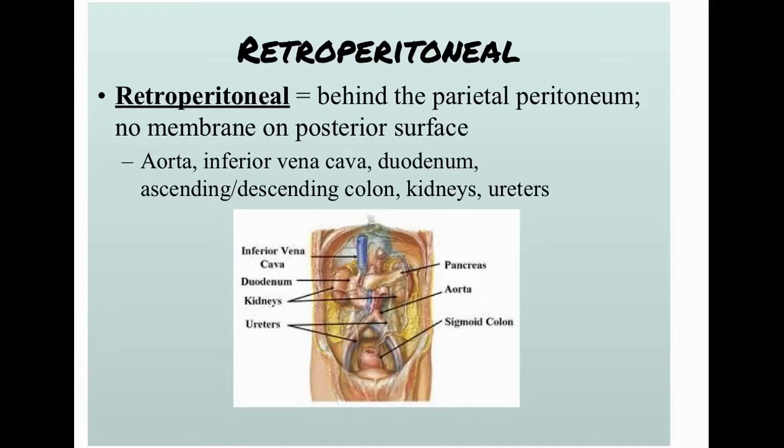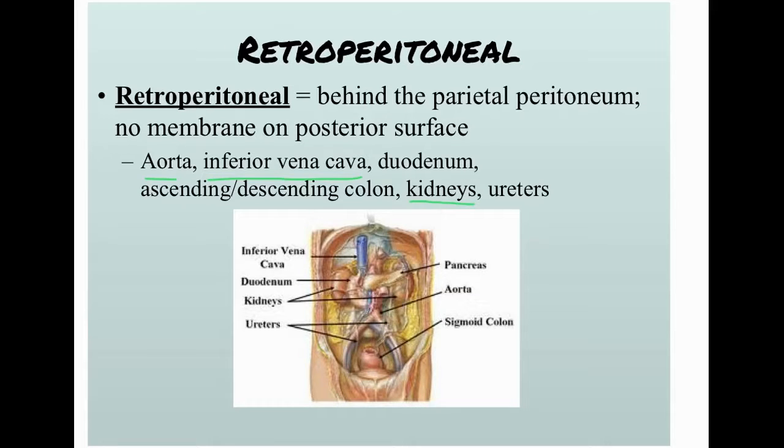Some important structures contained in that, the most important ones that you'll probably be tested on, would be the kidneys, maybe the aorta and inferior vena cava. The aorta is the largest artery in the body, and the inferior vena cava would be the largest vein.